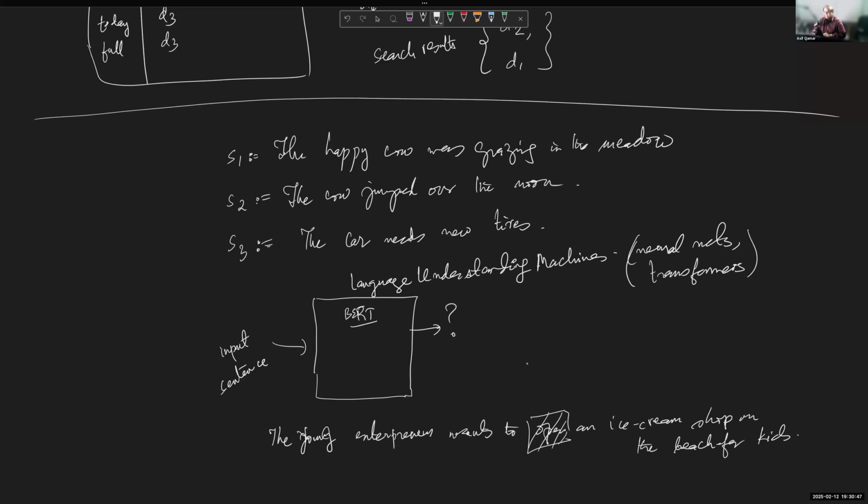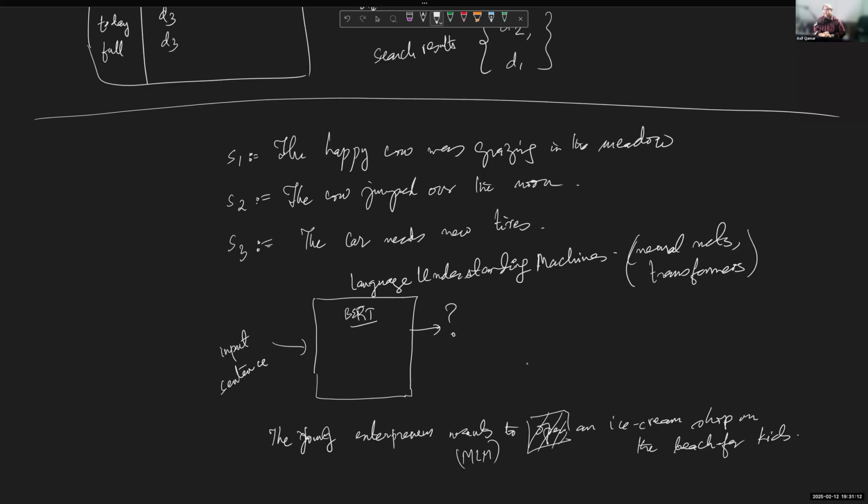This method is called masked language model. So there's a technical term. I'll try to explain all of this without the jargon, but I'll occasionally mention a little bit of the jargon for reference. But you can ignore that. You keep asking the machine, fill in the blank. What was the word that I hid? And the machine has to guess the word.